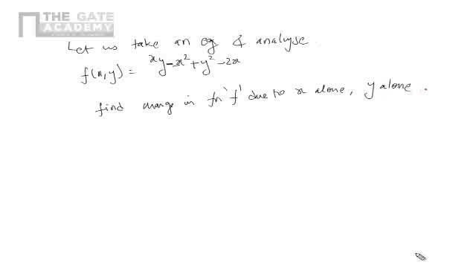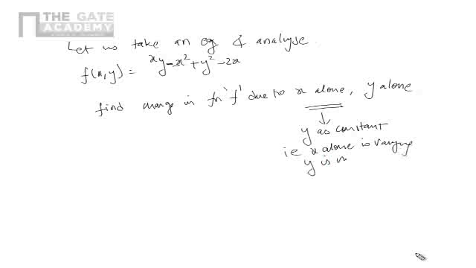When I am saying with respect to x alone, I treat y as constant. That is, x alone is varying, y is not varying. It's like a constant. Similarly, when I say y alone, I treat x as constant and y alone is varying.